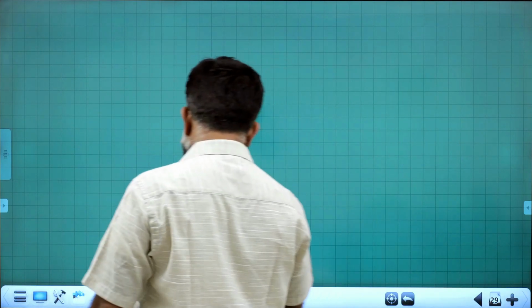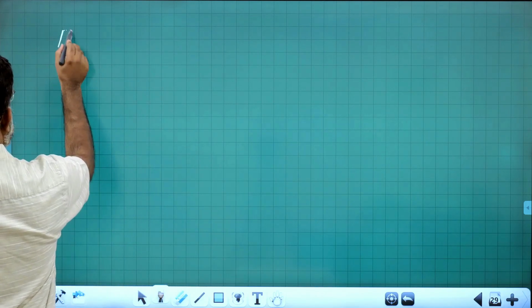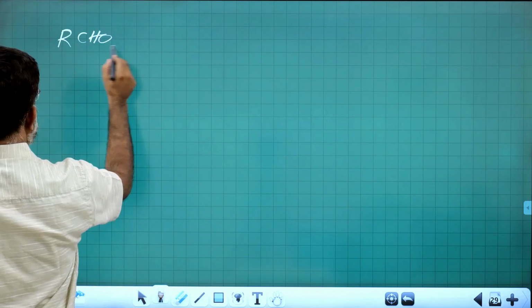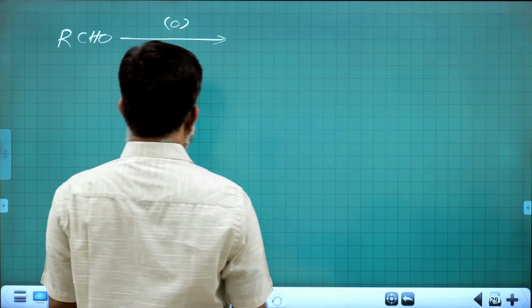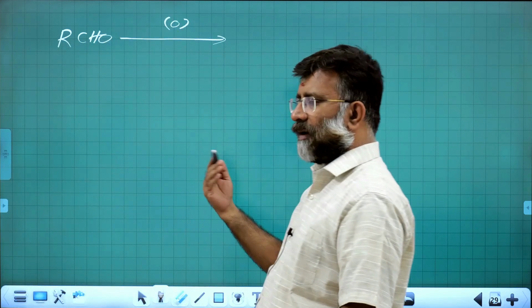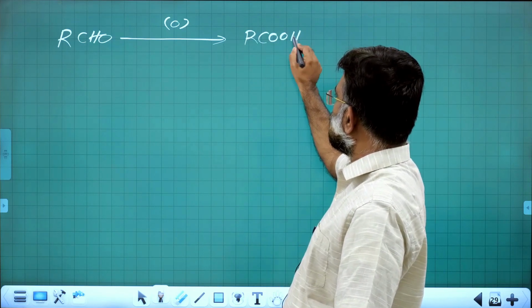So if you take an aldehyde, say RCHO, upon oxidation with any good oxidizing agent or even a mild oxidizing agent, you will get a carboxylic acid, right?